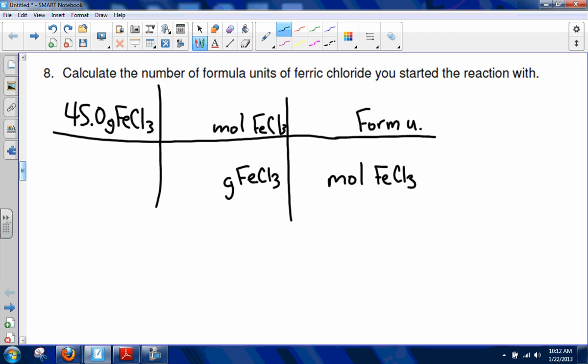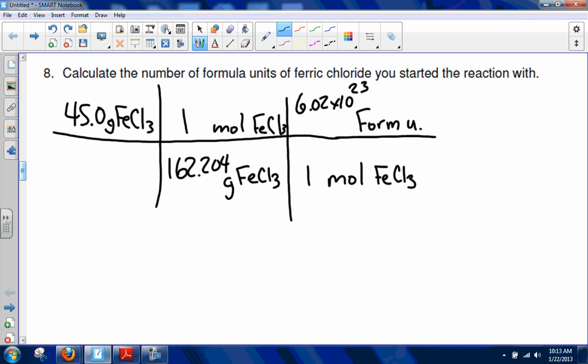How many formula units are in 1 mole? Someone named Avogadro told us. 6.02 times 10 to the 23rd formula units. We already calculated the molar mass of ferric chloride, right? Ferric chloride's mass was 162.204 grams for 1 mole.